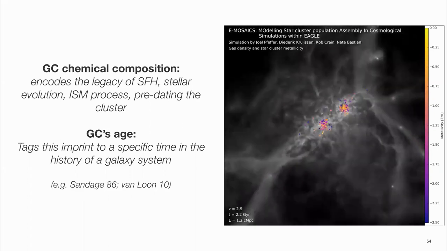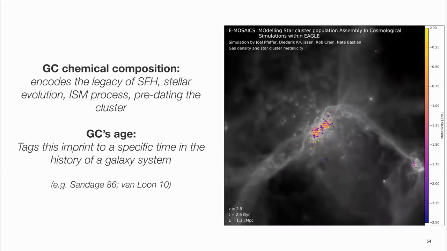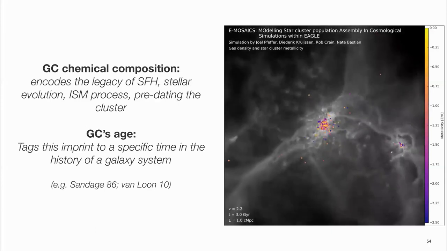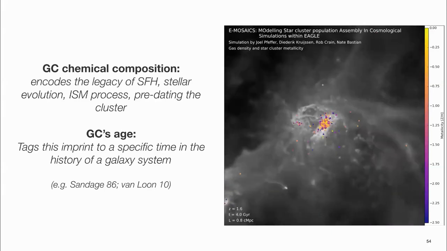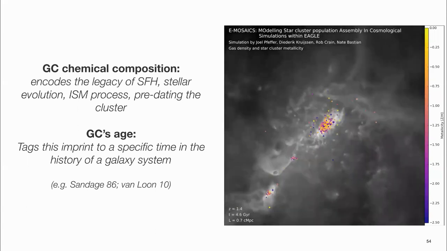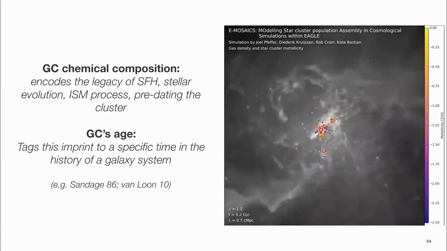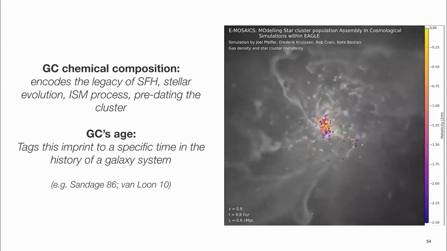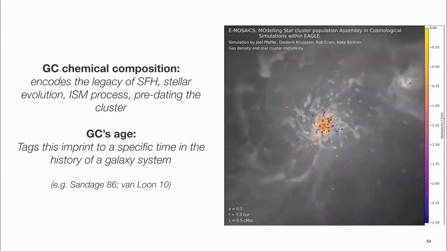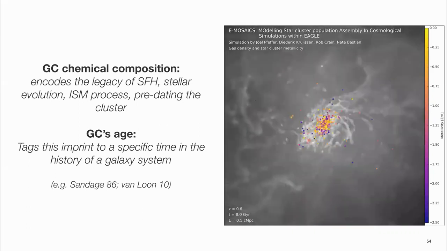And this is what they use to reconstruct these assembly histories. For example, the papers by Dietrich Kruijssen with the discovery of the Kraken. They use the chemical composition and the ages of the clusters to derive this.